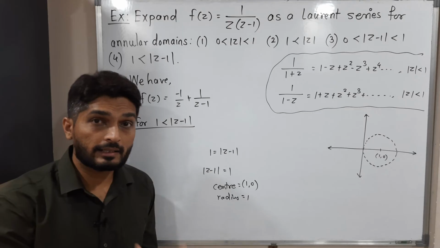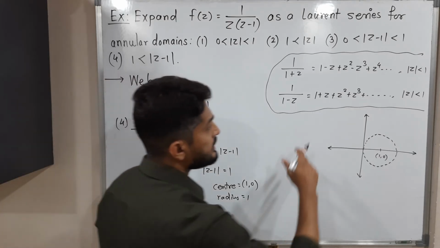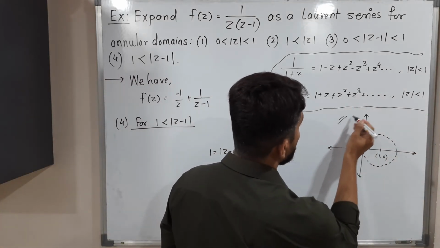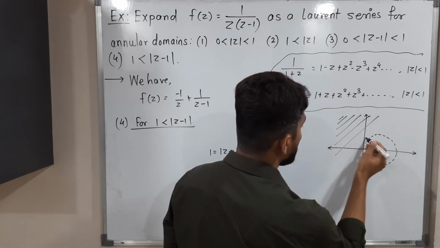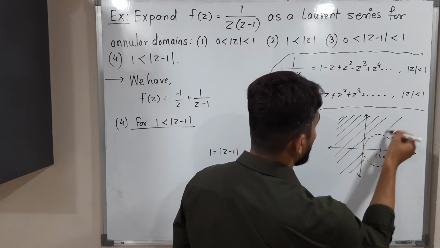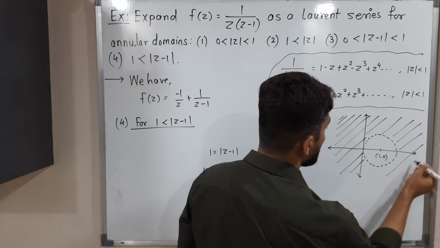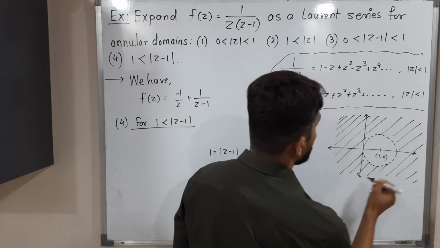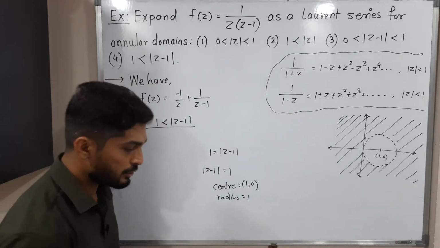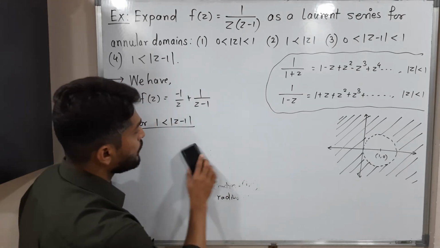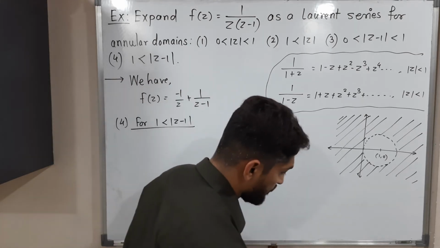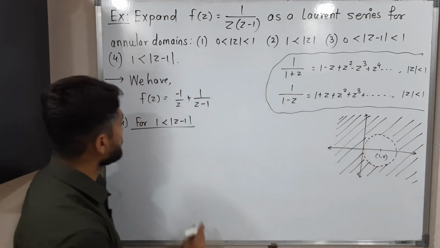Mod greater than its radius. That means we have to consider the exterior part of this circle, okay? So we have the region like this which lies outside this circle. Okay, so this is the region we have. So let us talk about the Laurent's expansion now. So this is the region of convergence.